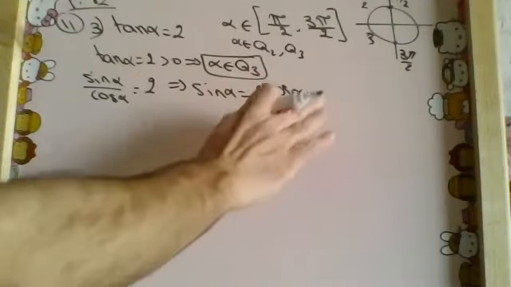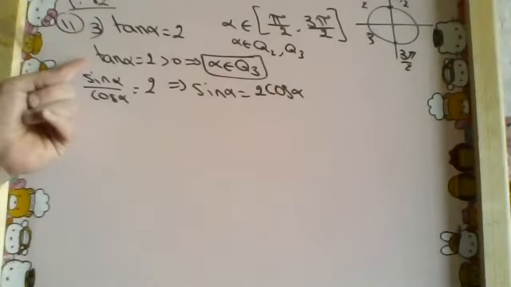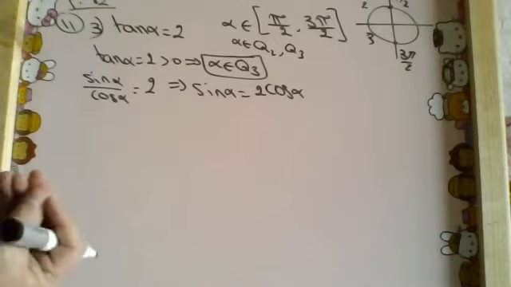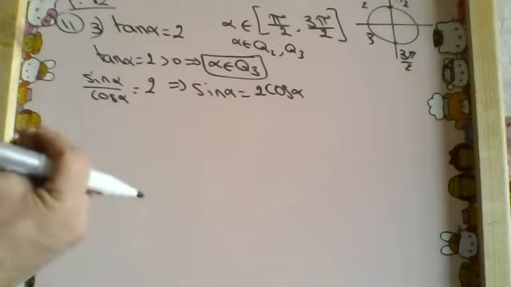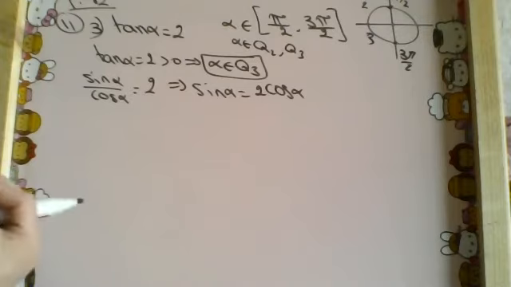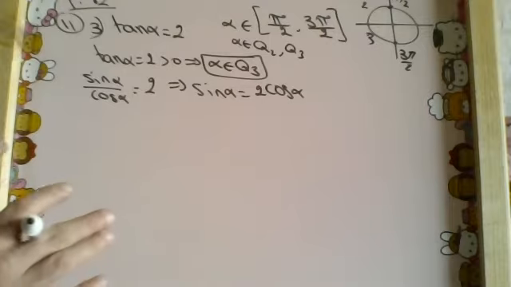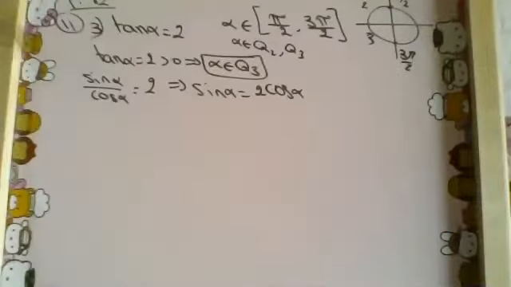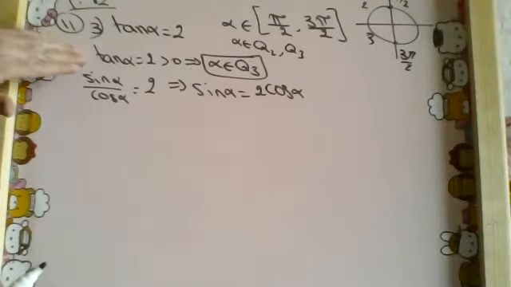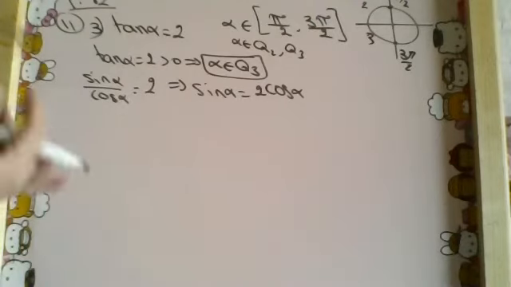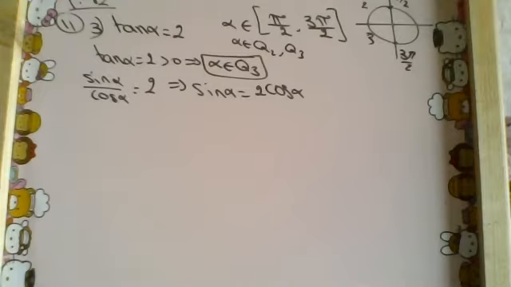Here, she is trying to move from tangent to sine and cosine. Why? Because the only relation you know till now is sine squared alpha plus cosine squared alpha is equal to 1, a relation that contains sine and cosine. She gets rid of tangent and goes to sine and cosine, the functions that you already have a relation between them.